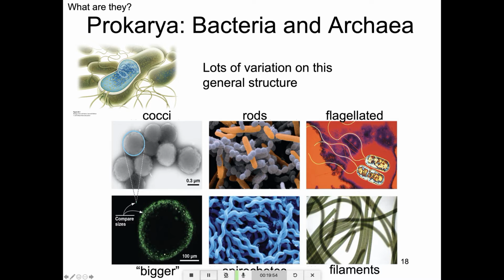So they can vary in size a lot. They can also vary in shape, so they can be rods, or filaments, or spirochetes like we see right here. They can have flagella on the back. There's a lot of variation on this general structure, but they're all, for the most part, unicellular and microscopic, very, very small.